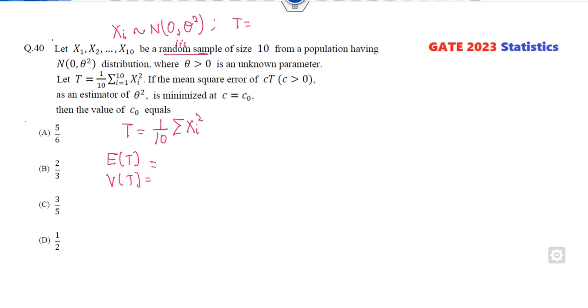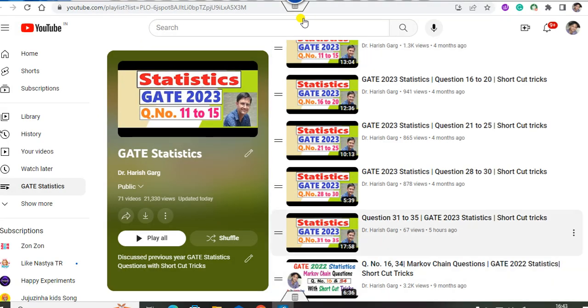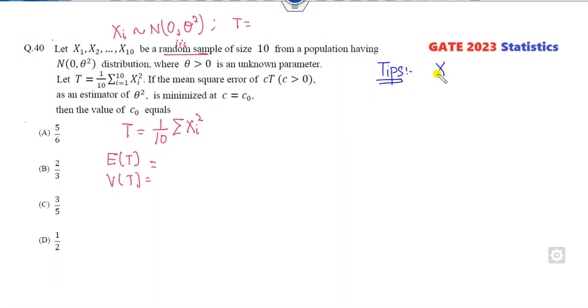Very simple. Always remember, as I mentioned in my previous lecture, you must watch my lecture 31 to 35, where I have explained the tips. Whenever there is a question of the square, try to convert it into the chi-square. Now how can you convert it? Xi's follow the normal distribution.